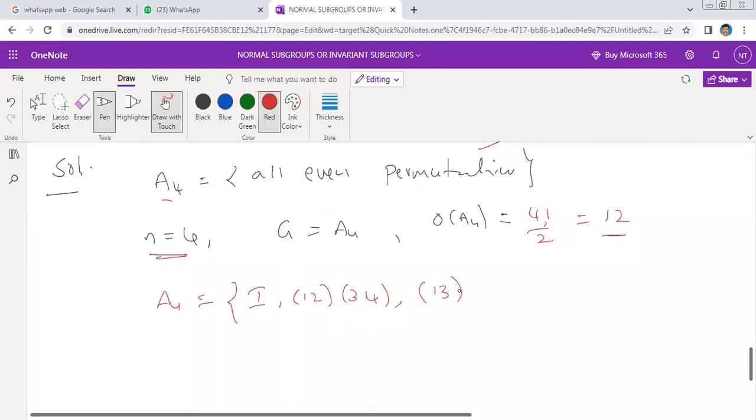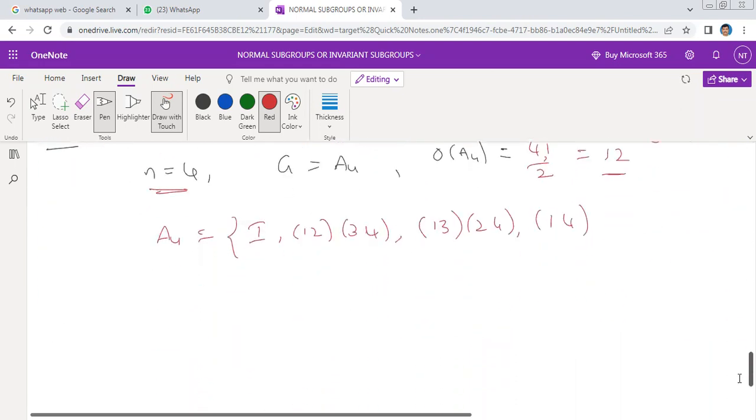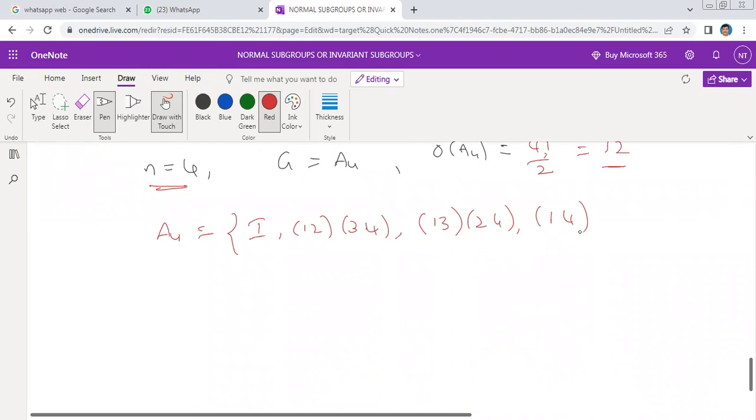Another one is 1 3 2 4. Because of 4 elements, our non-empty set S is 1 2 3 4, the number of possibilities: 1 2, 1 3, 1 4. Then the rest of the terms are 2 3.